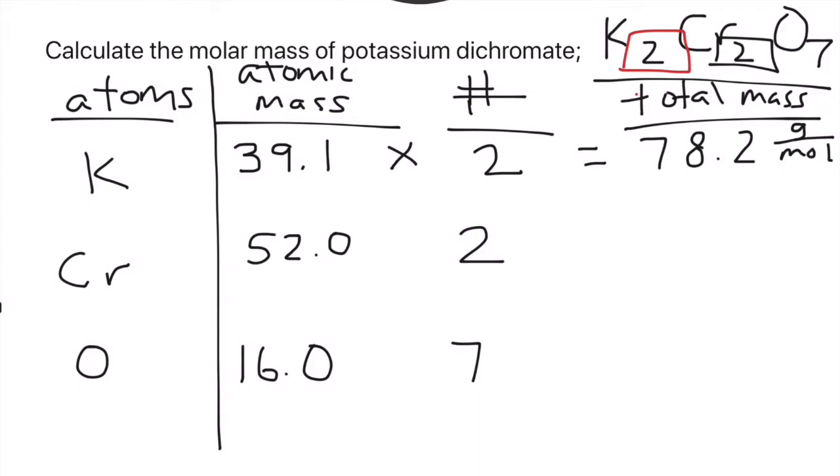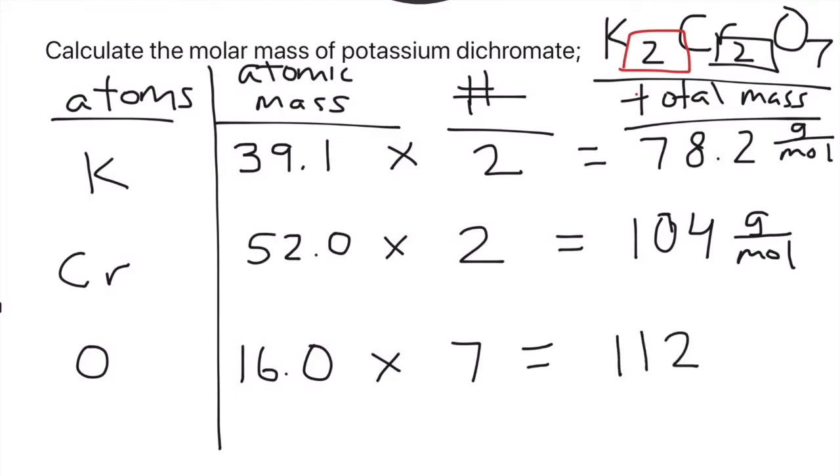And then for chromium, also we have 2 chromiums. 1 chromium has the atomic mass of 52, so 2 chromiums would have the atomic mass of 52 times 2, which is 104 grams per mole. And then oxygen, 1 oxygen has the atomic mass of 16, so 7 oxygens will have a total mass of 16 times 7, which is 112 grams per mole.